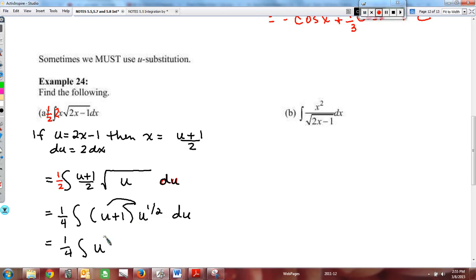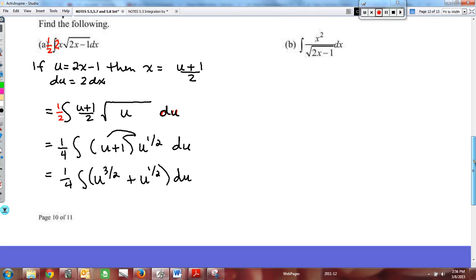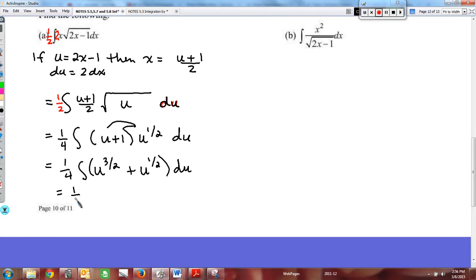So it becomes u to the 3/2 plus u to the 1/2 du, and it's nothing more than integrating using the power rule. If I used my power rule, I'd have 1/4, do your parentheses, add 1, which would give me 5/2, divide 2/5, plus add 1, 3/2, divide 2/3, and then of course plus c.